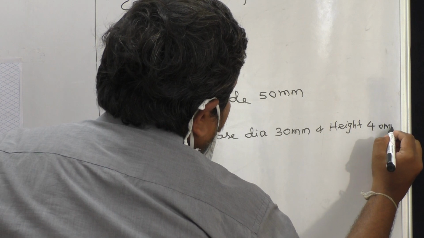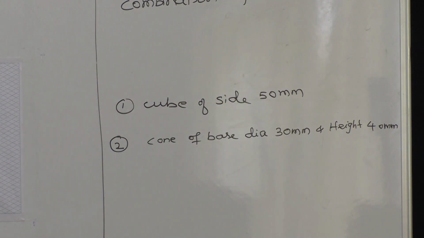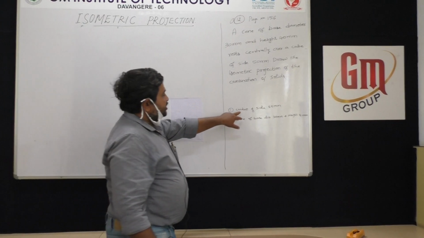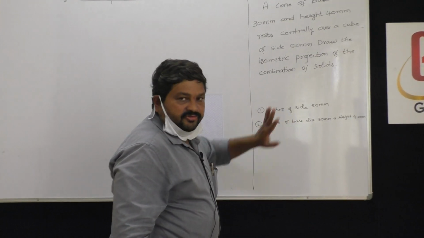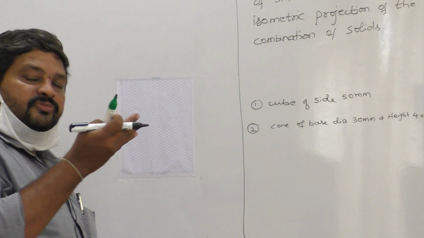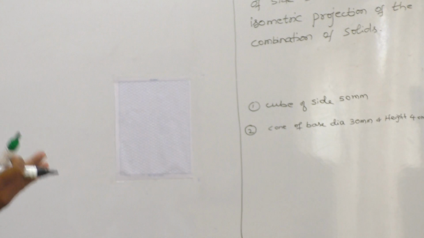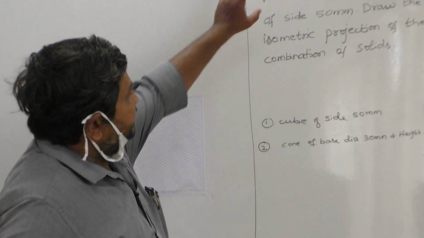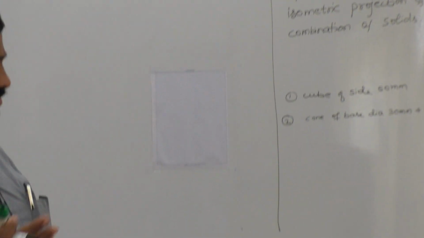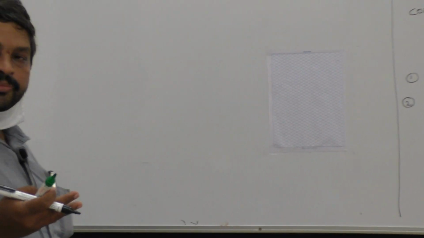These are the two objects given in the problem. First, I have to construct the isometric projection of the cube of side 50 millimeter. Next, over the top face of the cube, I have to keep the cone of base diameter 30 millimeter and height 40 millimeter.